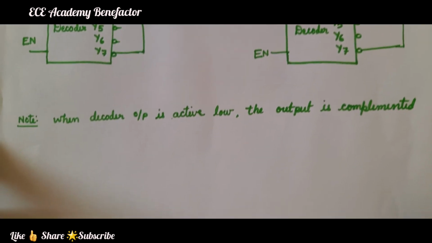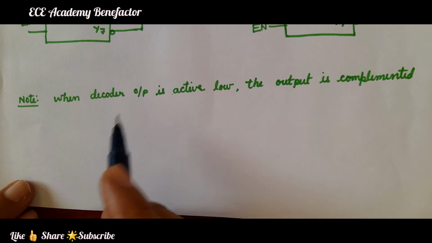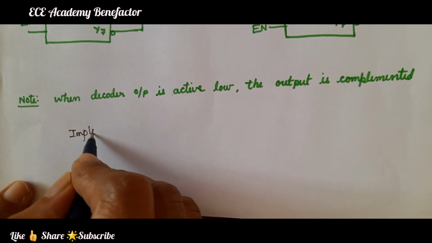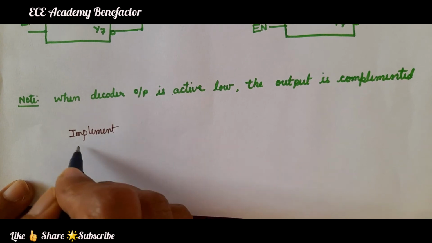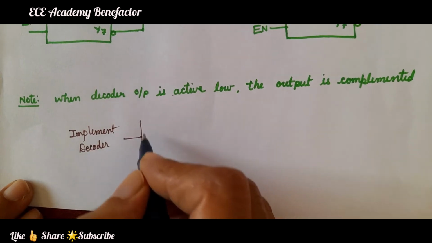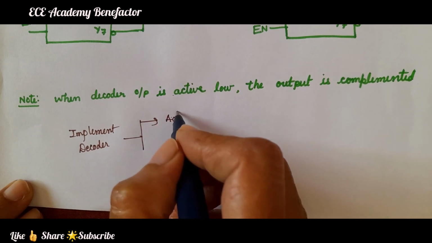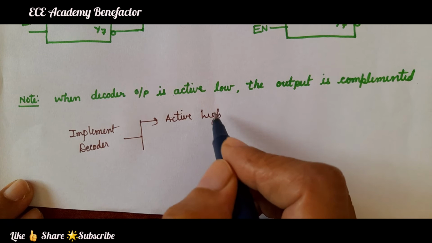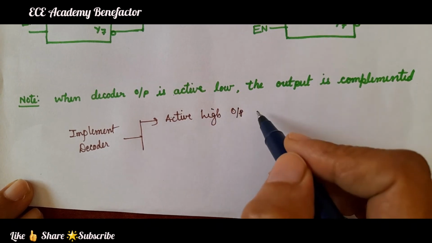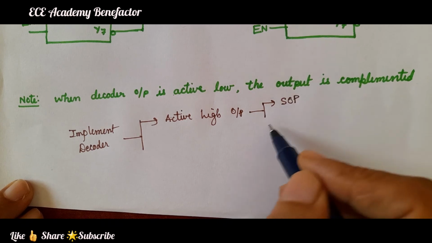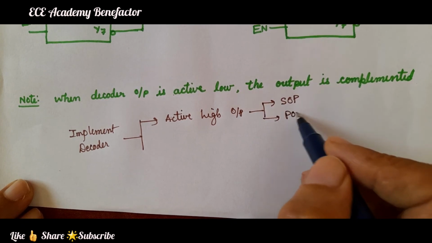So what is the conclusion here? When you are implementing with a decoder, we can have two conditions. One is active high output, and in this also the function can be SOP function or POS function.